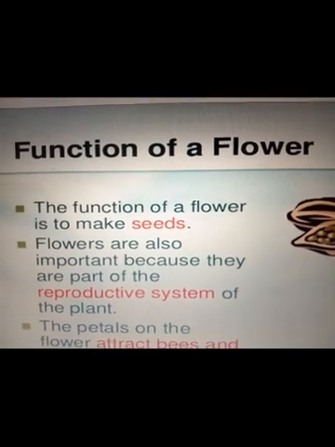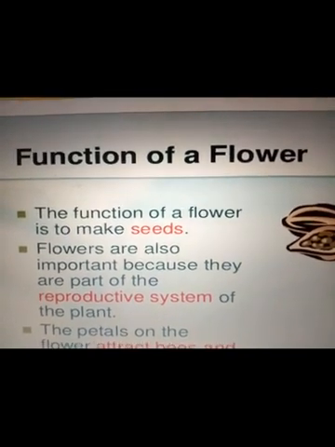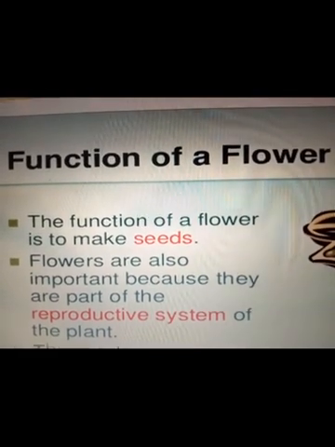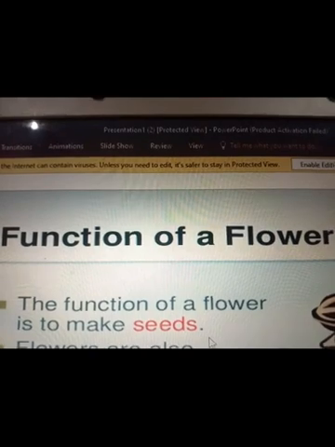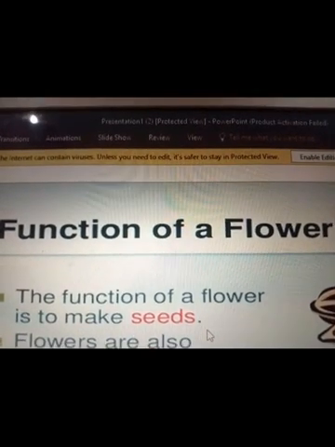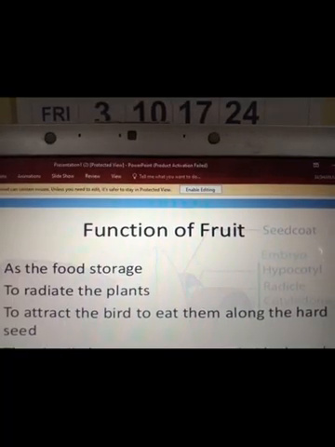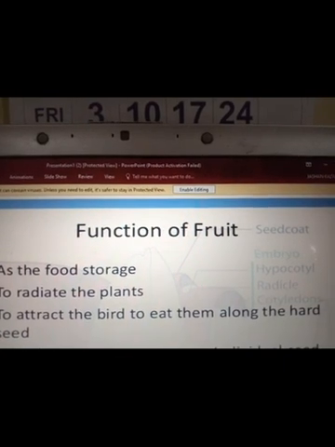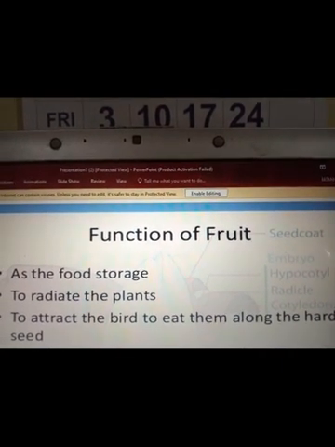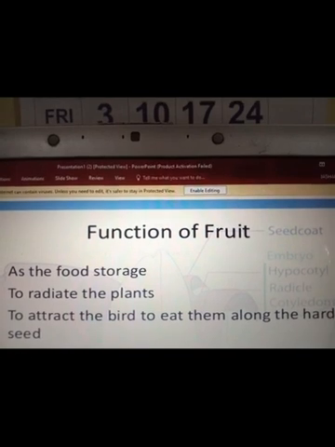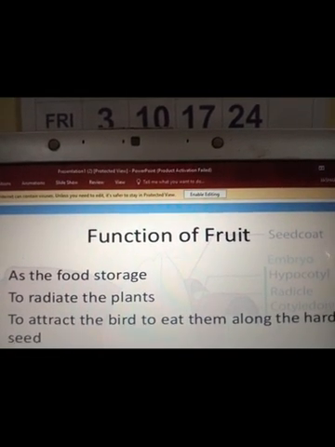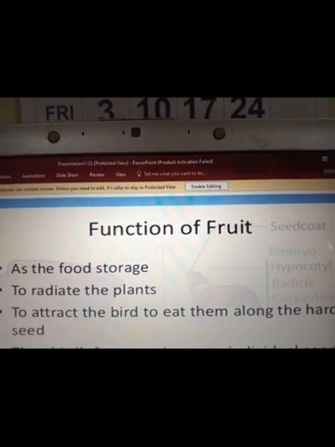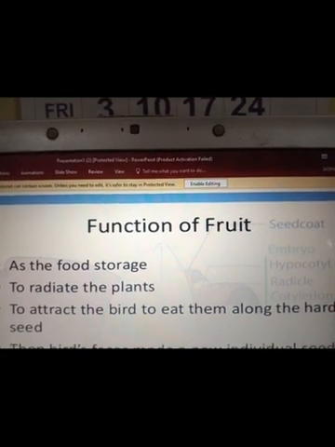That means they produce fruits and seeds. Now function of fruits. Fruits are used as food and they also contain seeds from which new plants can grow.